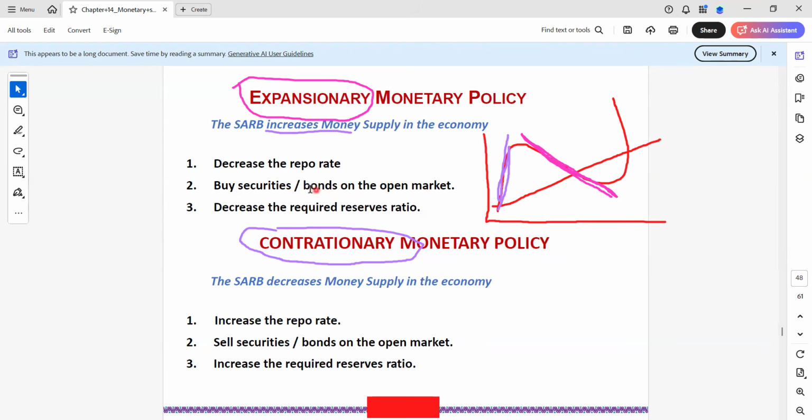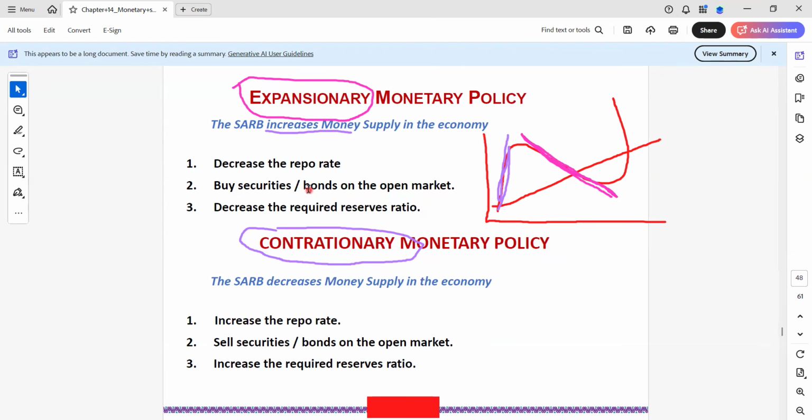When the South African Reserve Bank sells these bonds or securities, it's like they issue a certificate to say that you own this much in this company, for example.